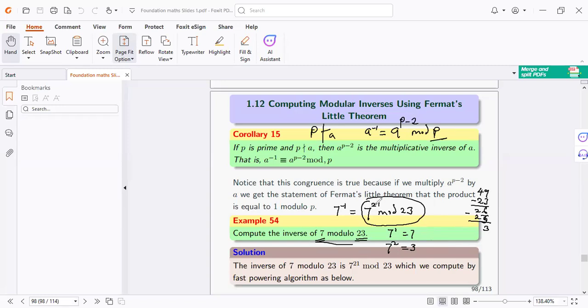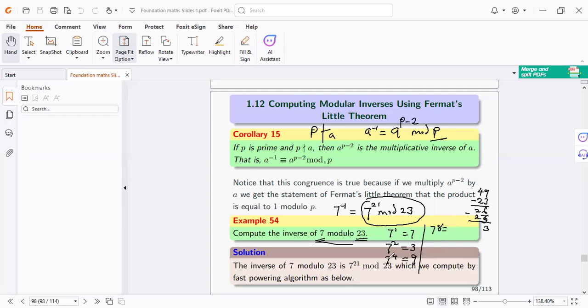Using the fast powering algorithm, we want to go up to 7 raised to 21. So what is 7 raised to 4? You square 7 squared, you square the one above it. I square this, I get 9. What about 7 raised to 8?